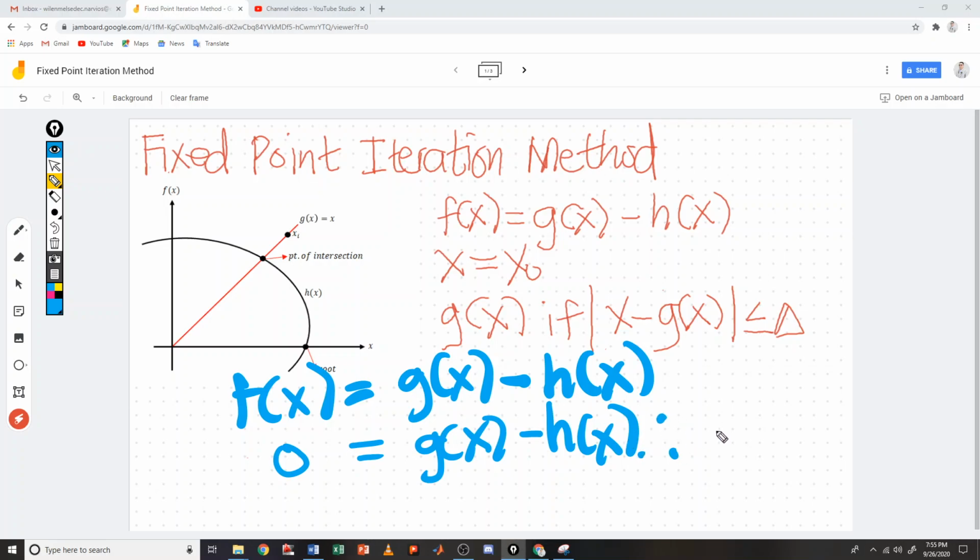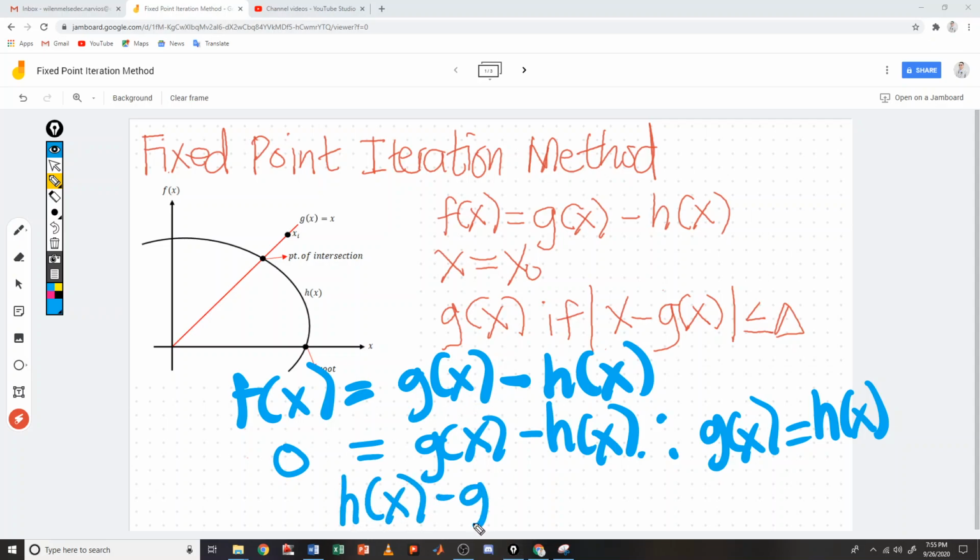Therefore we can say that g(x) is equal to h(x), or we can also say that h(x) - g(x) is similar to this previous equation. So the consideration in choosing g(x) is for convergence to the root of the function.